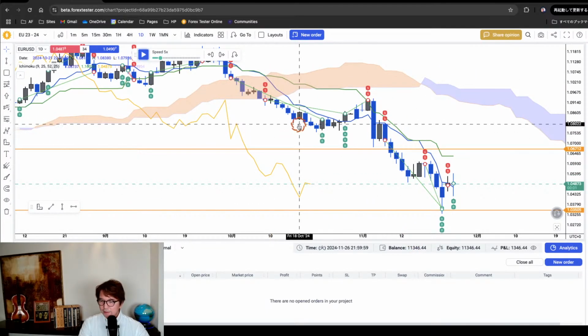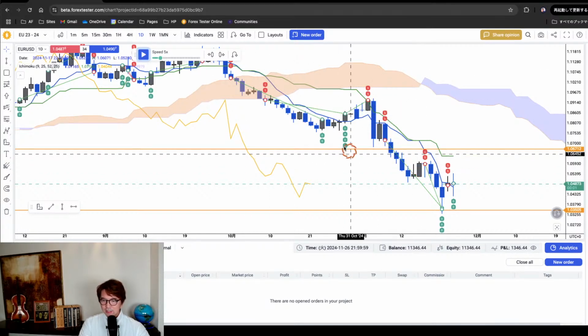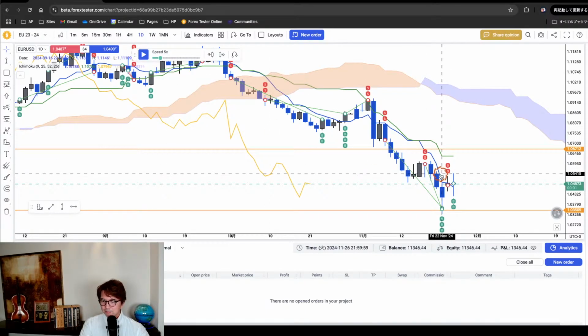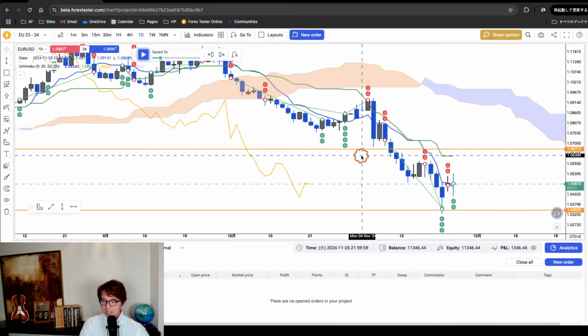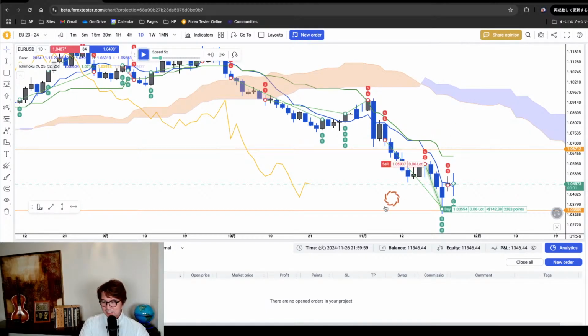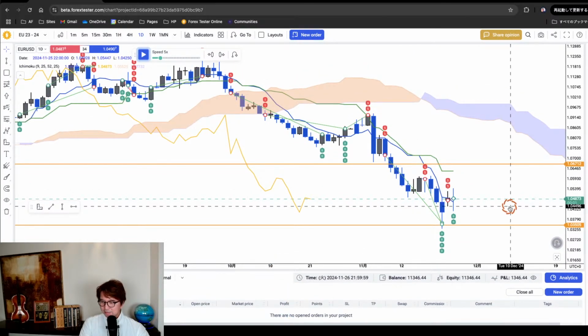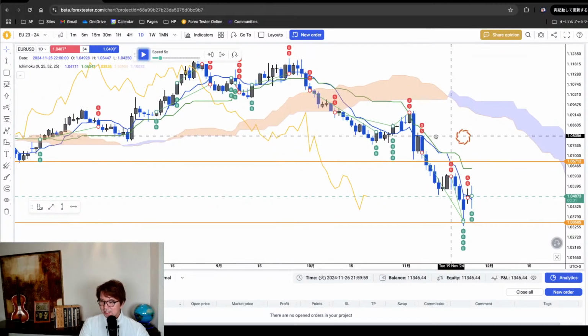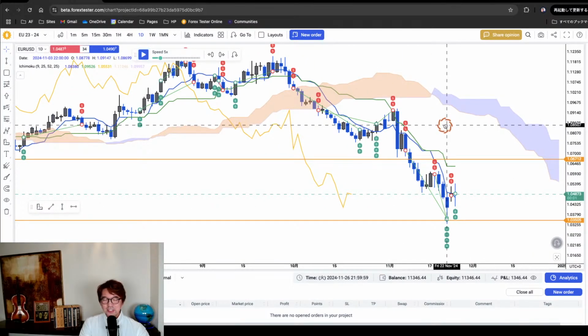And if you have to watch this live, from here it took you like 3-4 months. But in the backtesting, I did it in like 30 minutes. So this is another good thing about the Forex Tester Online. If you're familiar with Dragon Ball Z, this is like when you go into the room, the dimension is different.